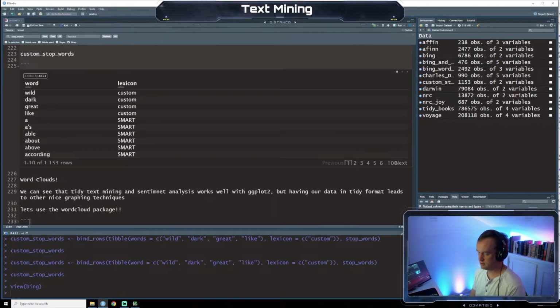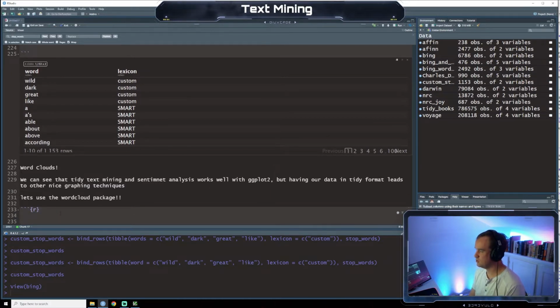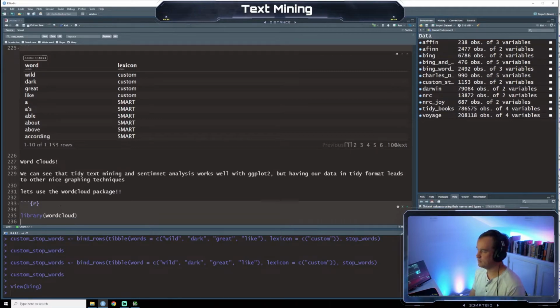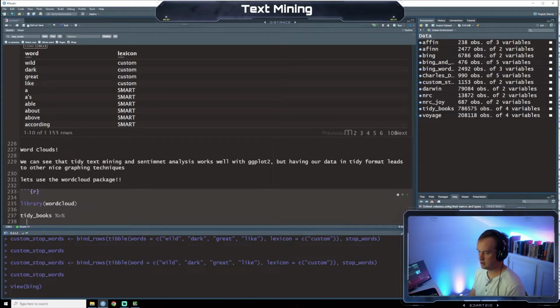Alright, so let's do library wordcloud, and tidy books, and pipe down, anti-join, stop words.